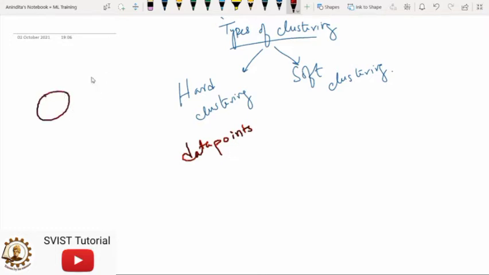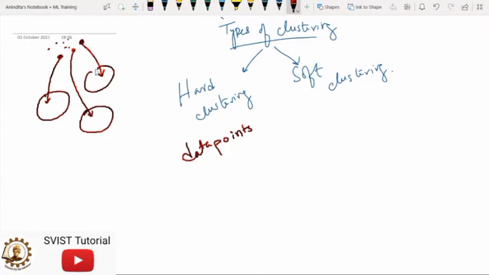Say we have several data points, and using the clustering algorithm we have decided that this data point belongs to this cluster, and this one belongs to that cluster.